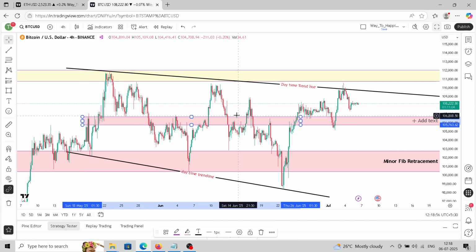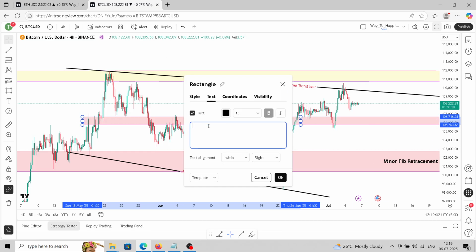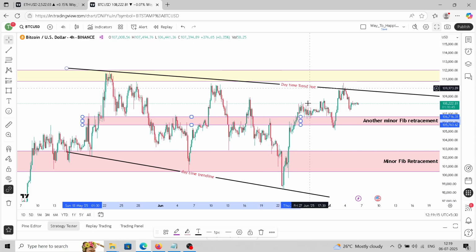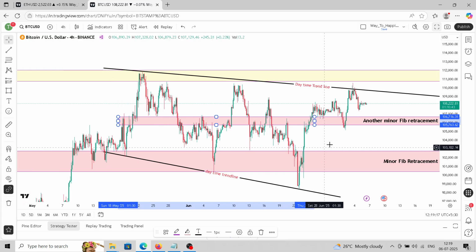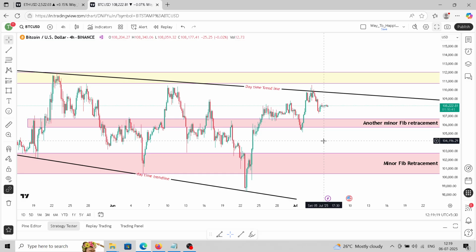This area has become another fib area, another minor fib retracement, and the price has already taken a support here.